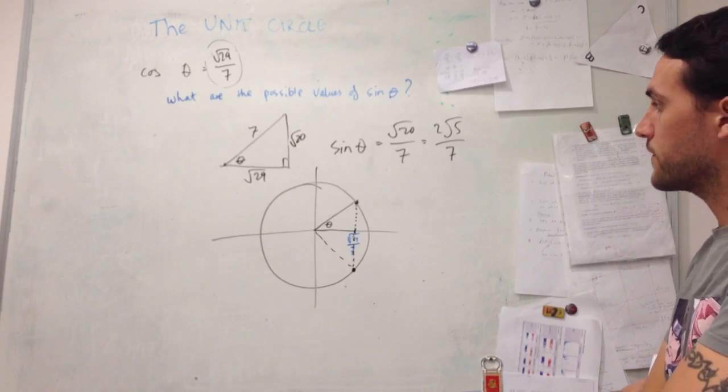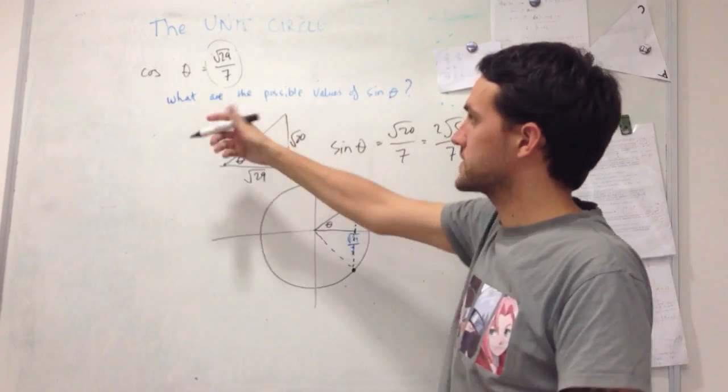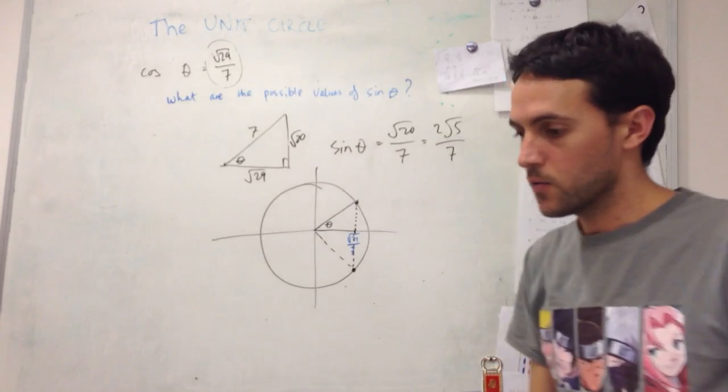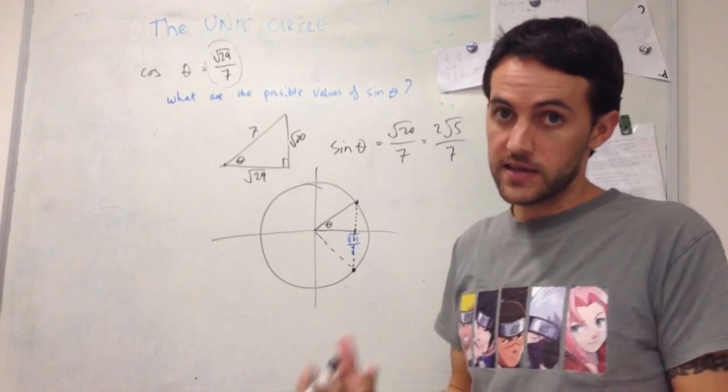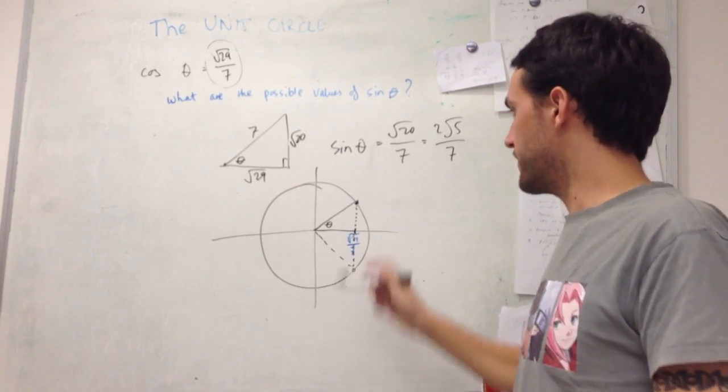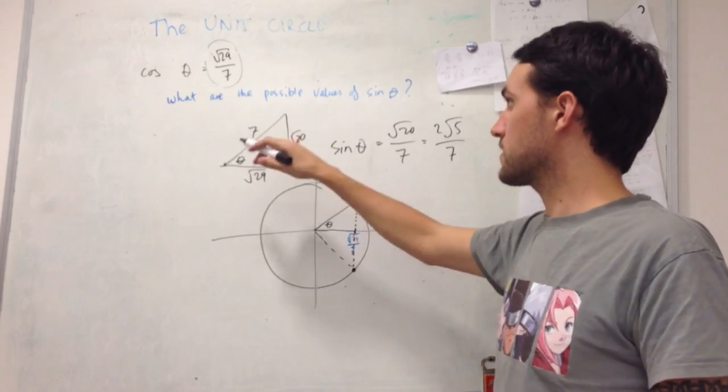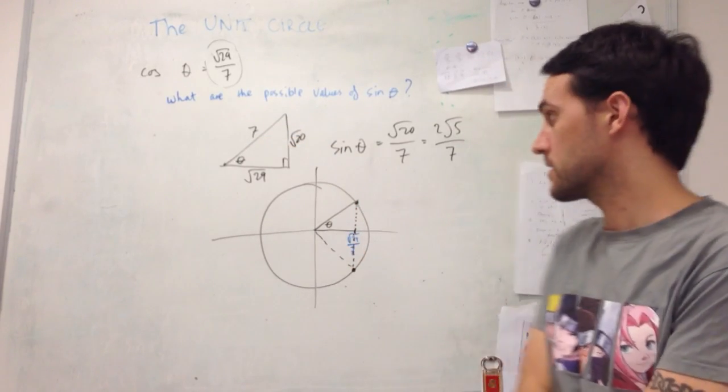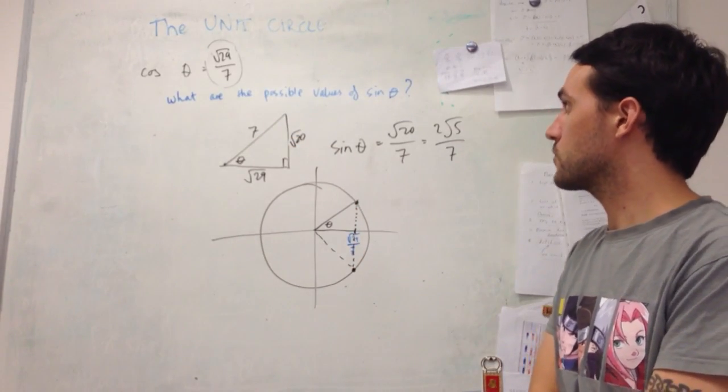So, if I did the workings out and I found out that theta here was maybe about 70 degrees or something like that, then actually theta could be 70 degrees, but it could also be negative 70 degrees because of how cosine works.